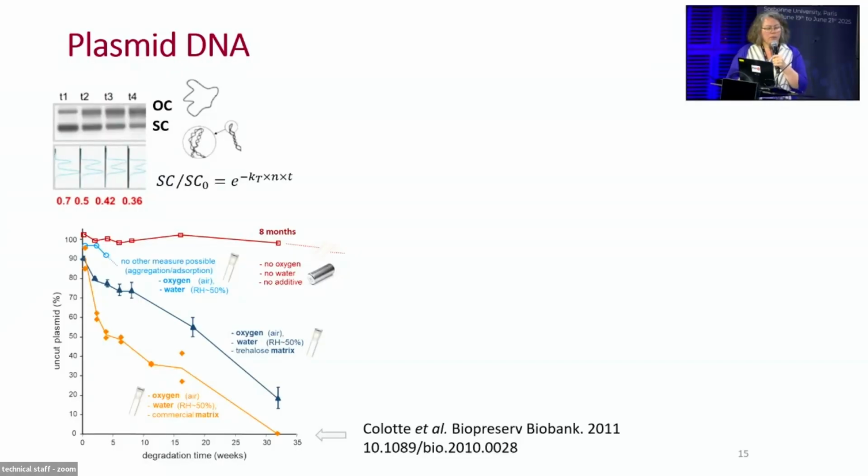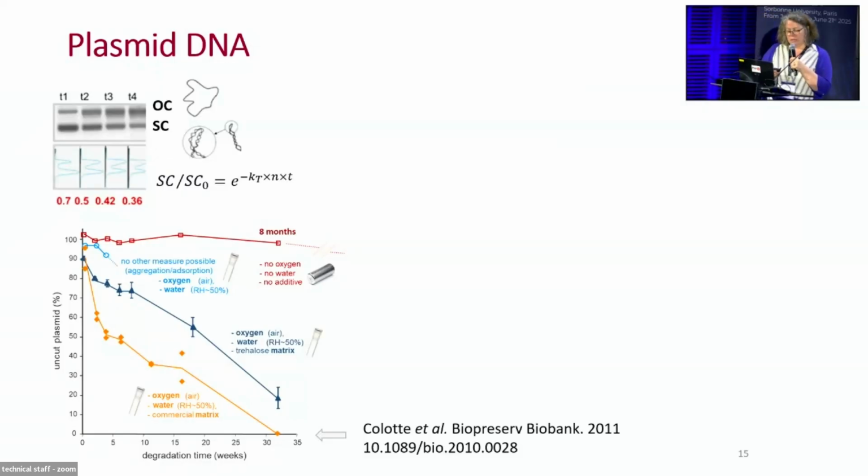And we measured the supercoil content throughout time for 8 months. Without any matrix, DNA is impossible to recover because it aggregates. You lose all your molecules very quickly because it's exposed to atmosphere, and it's water that does the aggregation acceleration. And with the matrix, you recover all the DNA, but it degrades rapidly.